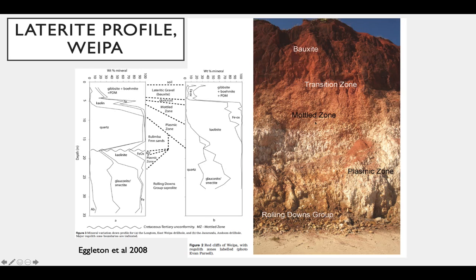Then we transition into the mottled zone and further down towards where the actual saprolite or saprock is, down here. So this is the regolith profile, and here you can see broad mineralogical change. We go from gibbsite, high aluminium grades, we get kaolin, quartz, kaolinite, glauconite, and smectite further down. So we have changing proportions, particularly with the iron oxides, to make this economical for aluminium.